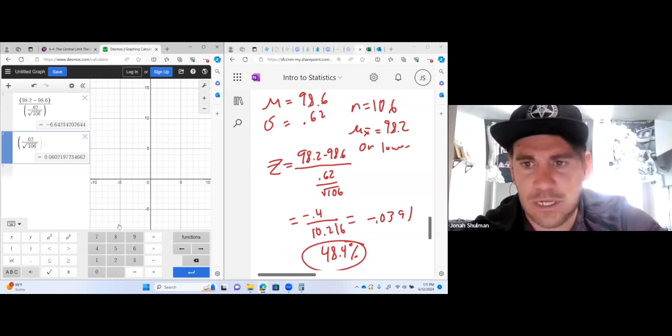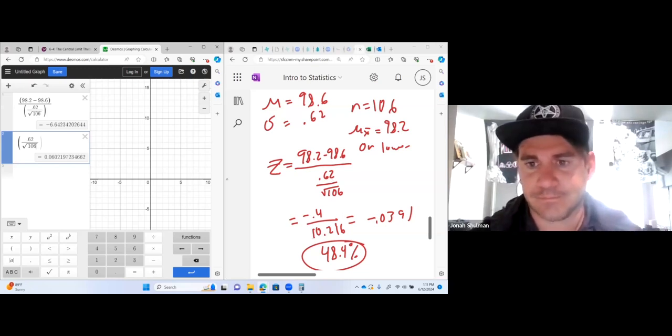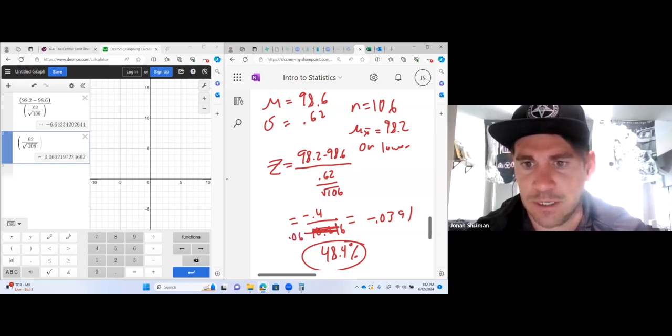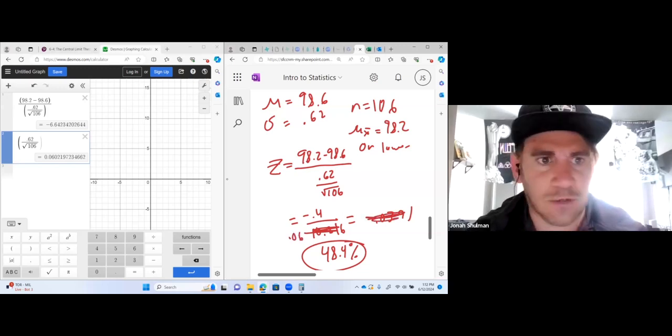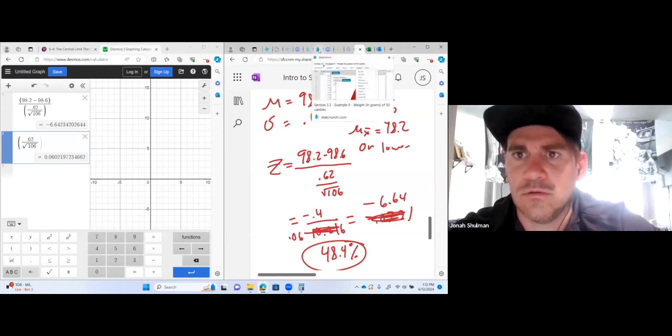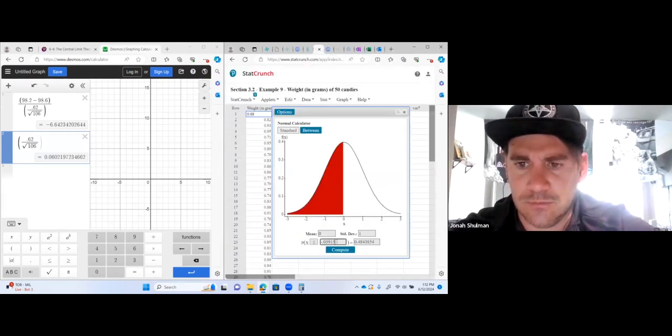Oh, see, when I put this in the calculator, they gave me 10.2. So we know it's really supposed to be what? 0.06 on the bottom, which will give us a what? A final answer of a negative 6.64. Now let's actually get that value in StatCrunch.